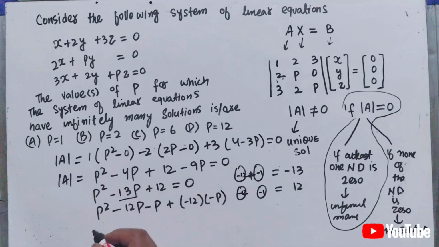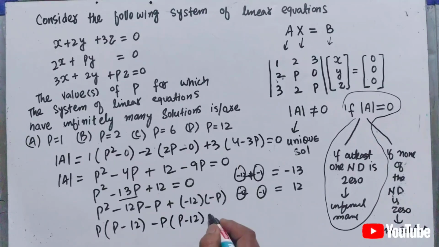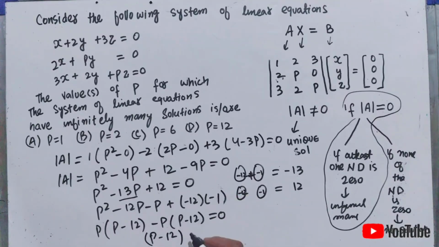Okay, so let's take p common. We are left with p minus 12. Here we take minus 1 common. We are left with p minus 12, and it should be equal to 0. Let us take p minus 12 common. Sorry, we have taken minus 1 common here.